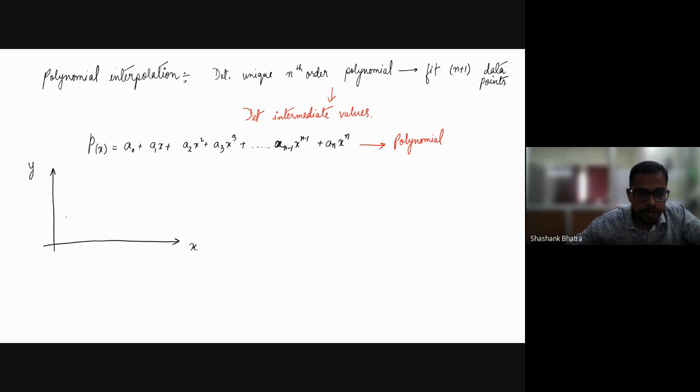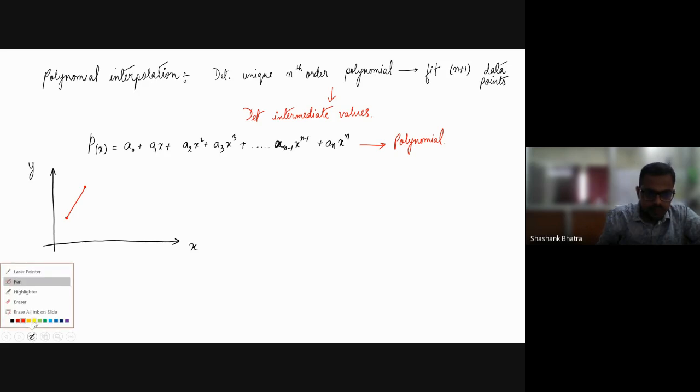It will simply be that you are connecting 2 data points like this. Whenever we have 2 data points and we try to derive a polynomial expression, we boil down to a first order polynomial. Isn't it a linear line?